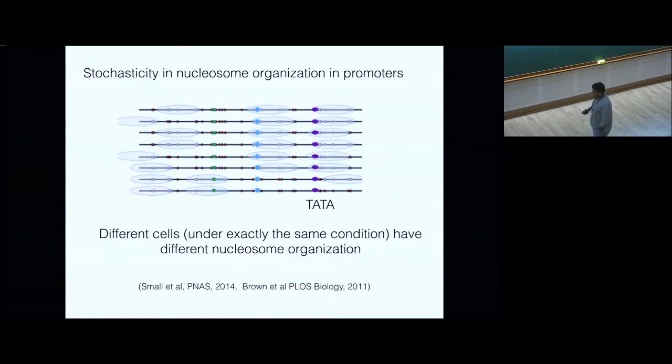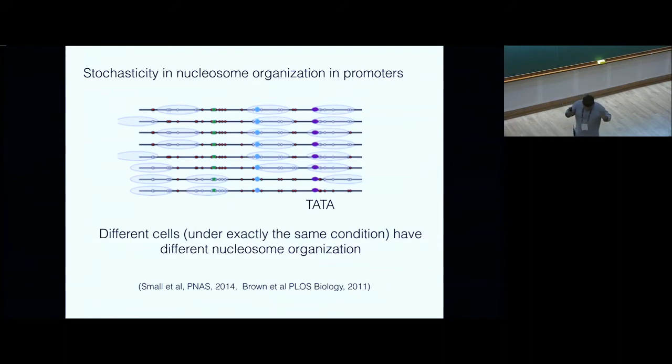Then there are many other experiments recently studying the nucleosome organization. Another very interesting set of experiments is by Small et al. from Northwestern and Brown et al. from California. They did single cell experiments, that is, they looked at each cell by cell, at nucleosome organization at a particular region called the promoter.